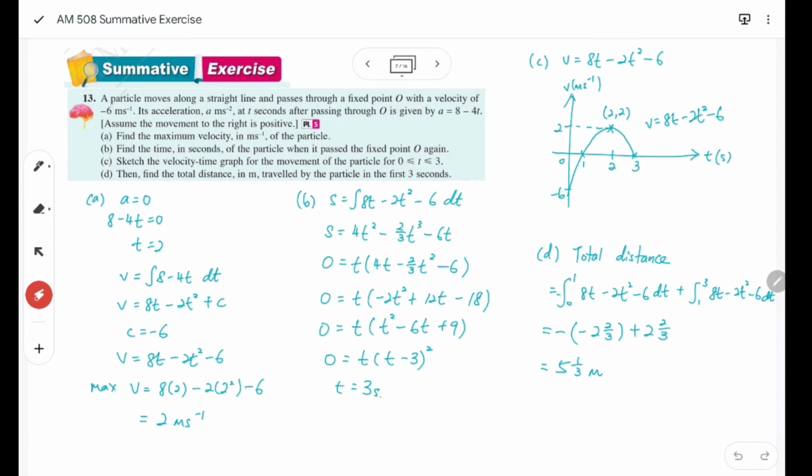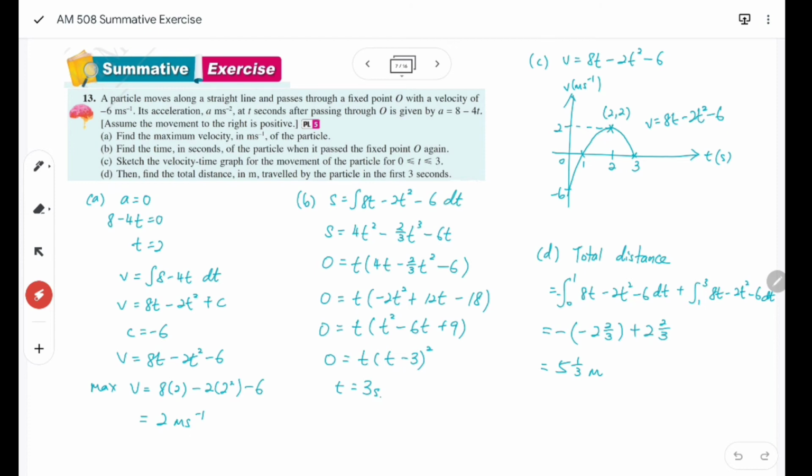Alright. C. Sketch the velocity-time graph for the movement of the particle for t from 0 to 3. So when t equals 0, our initial velocity is negative 6, so we will get negative 6 here, alright? And when v equals 0, we get t equals 1 and 3.